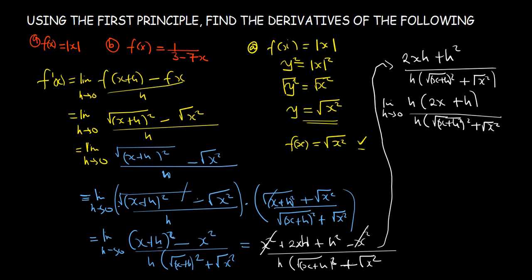Then this one and this one goes. Now when I replace the value of h, I forget the limit, so I'll say 2x plus 0, where there is h I'll put 0, then even inside there, that will be x plus 0, squared, like that, then that will be just x squared.